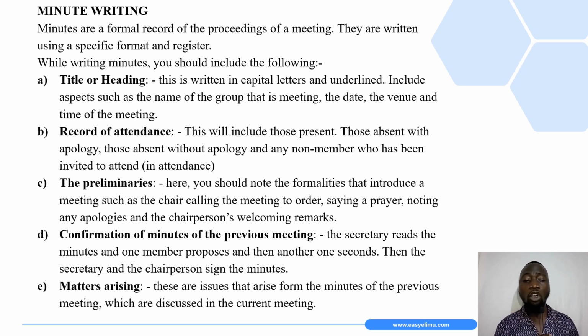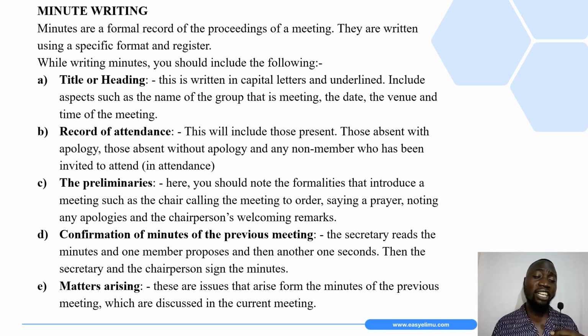So we only confirm previous minutes if there is a meeting that was held before. But if we are having our first meeting ever as a group, since we have not met, we will ignore the part of confirming the previous meeting.